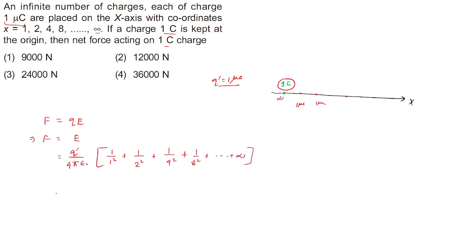Correct. So the value of the charges is 10 to the power minus 6 coulomb. So I write it here: 10 to the power minus 6 by 4 pi epsilon naught, and it becomes 1 plus 1 by 4, 1 by 16, 1 by 64 and so on up to infinity.